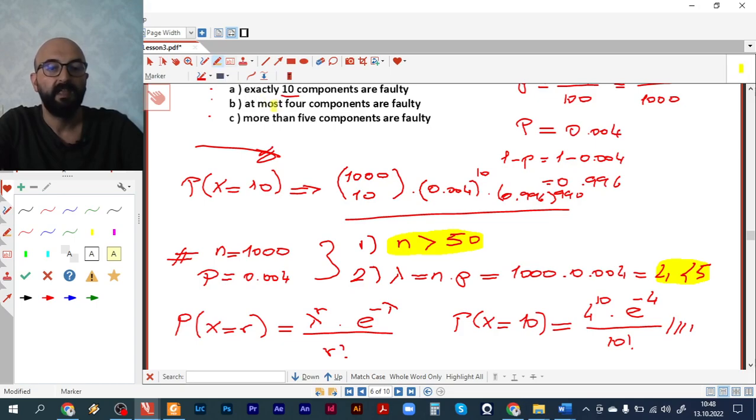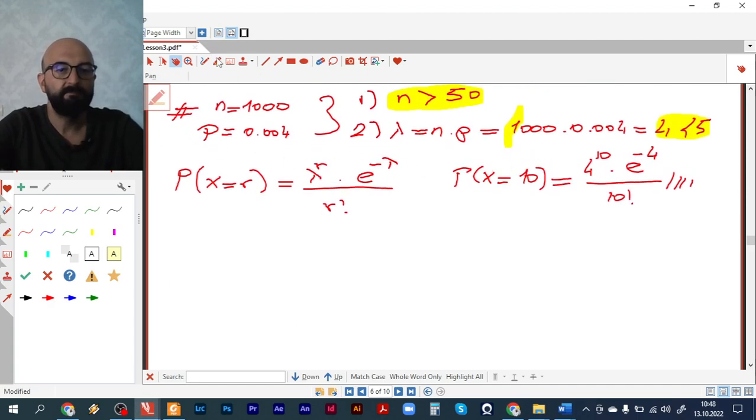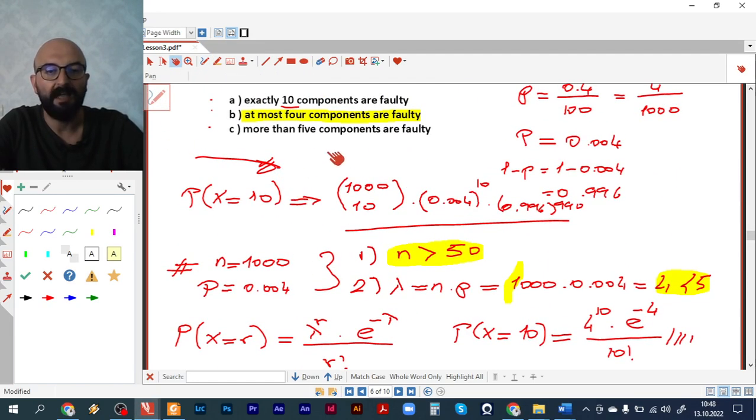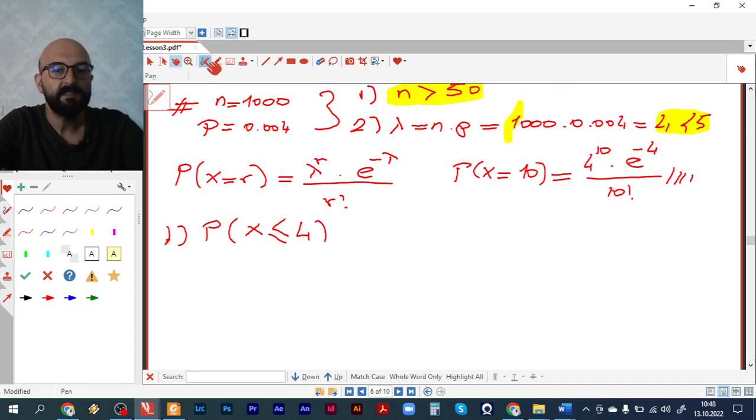And the second one, at most 4 components are faulty. At most 4 components are faulty is the probability of x less than or equal to 4.